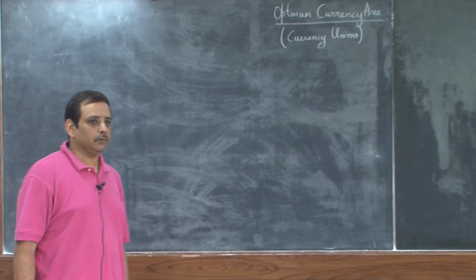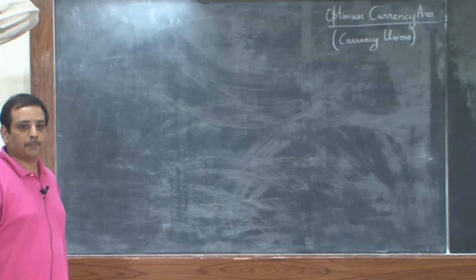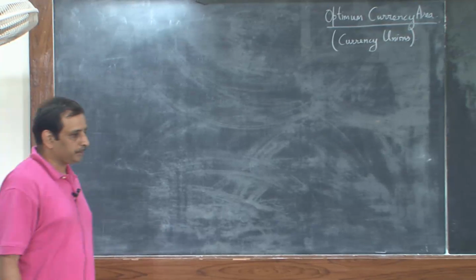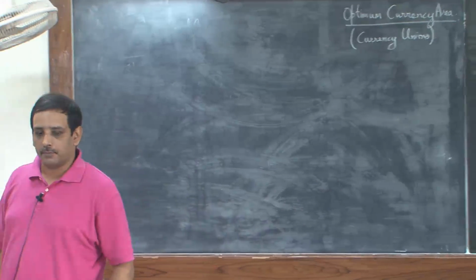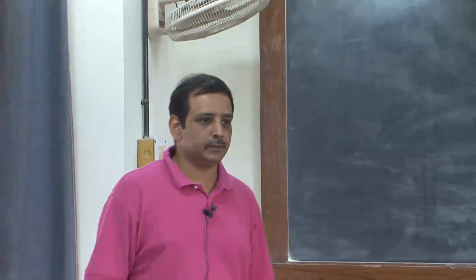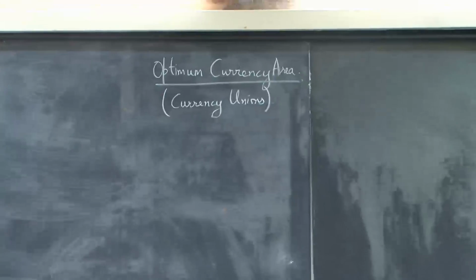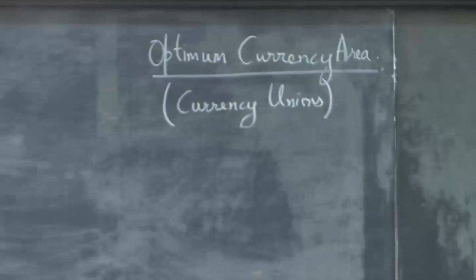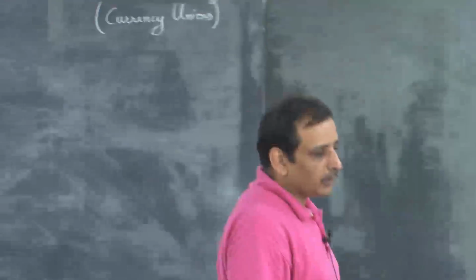Okay, good afternoon. Today we are going to talk about the optimum currency area. The idea was floated by Professor Mundell in the early 60s, and the optimum currency area is about currency unions.